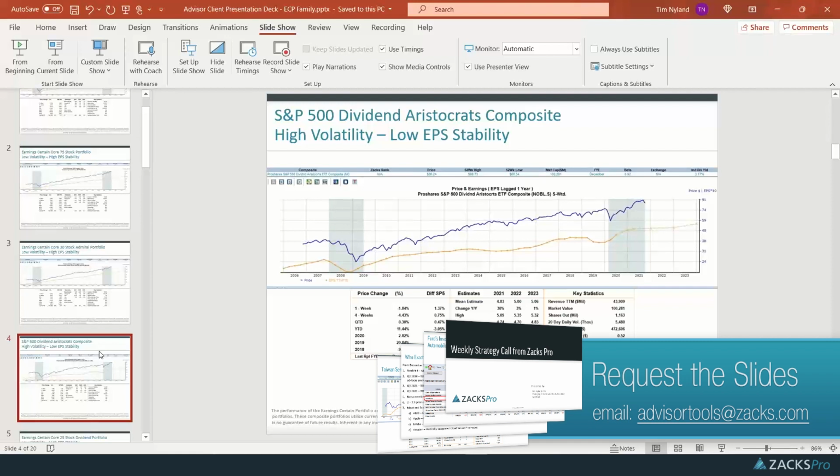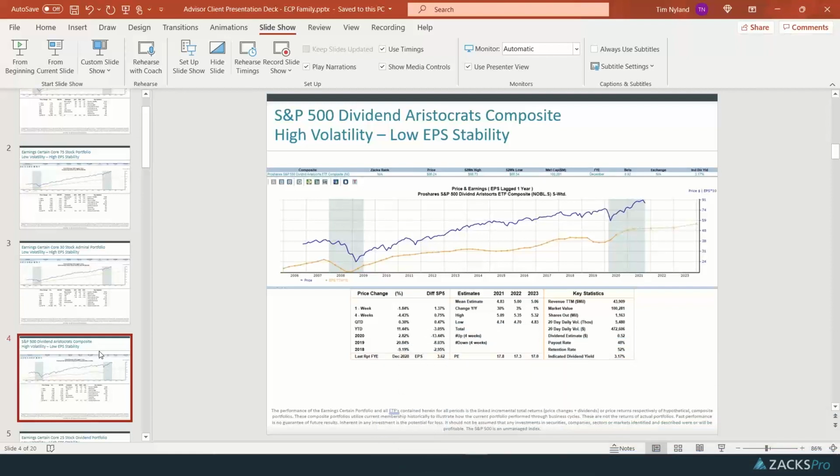I am constantly reviewing not only the equity select lists, but the earnings certain family in its entirety. So anybody has any questions, more than happy to answer them. Just reach out to us, and we'll go ahead and get any of those questions answered.